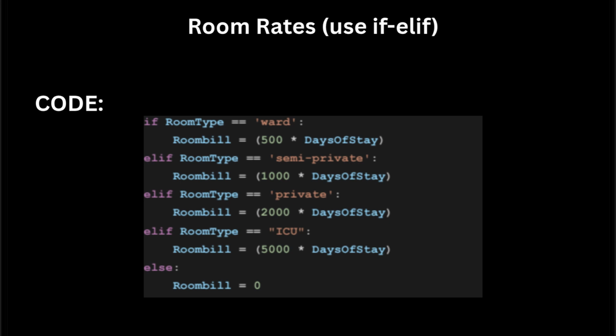If it's semi-private, it uses 1,000. For the private, it uses 2,000, and for the ICU, it uses 5,000. If the user typed in an invalid room type, the else block runs, setting the room bill to 0.